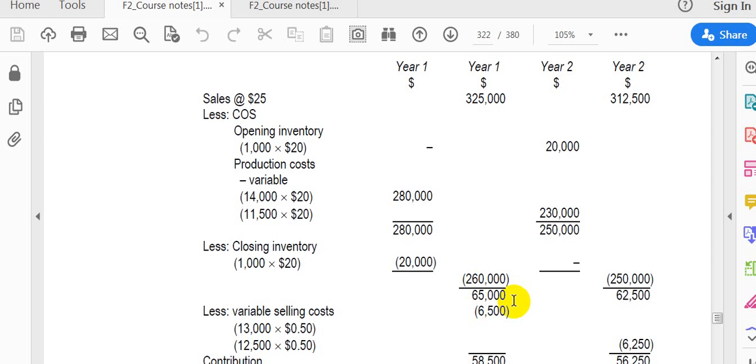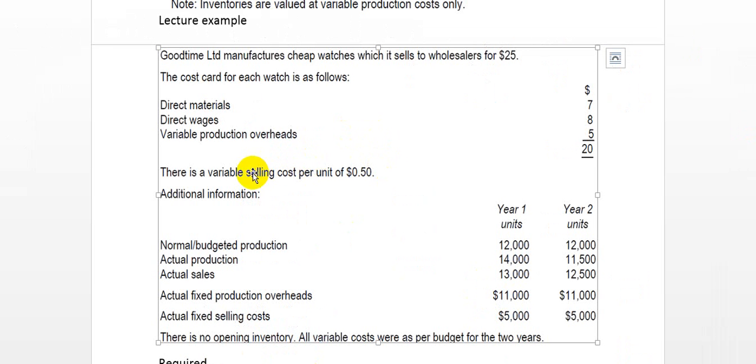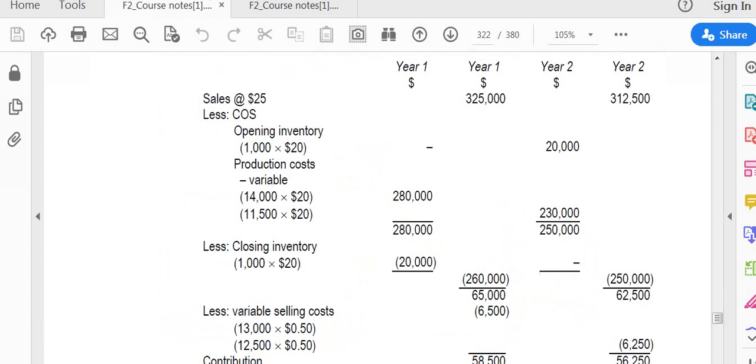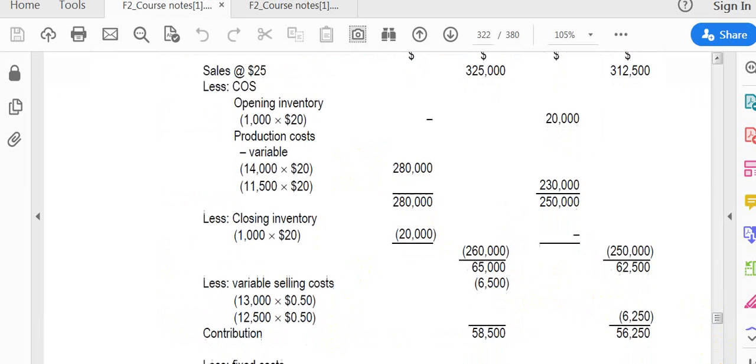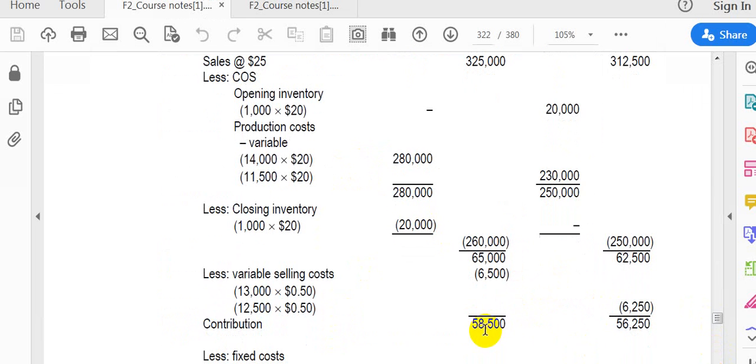But we have variable selling expenses of 50 cents. We sold 13,000 units, so 13,000 times 50 cents gives us 6,500. That was a variable selling cost. We subtract and get our contribution of 58,500. Again, remember, contribution is only found in marginal costing.